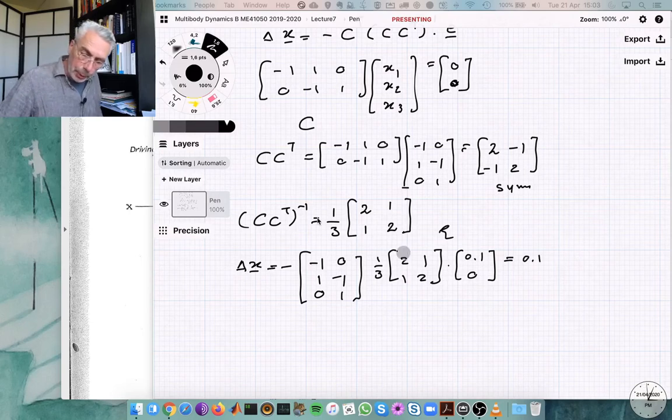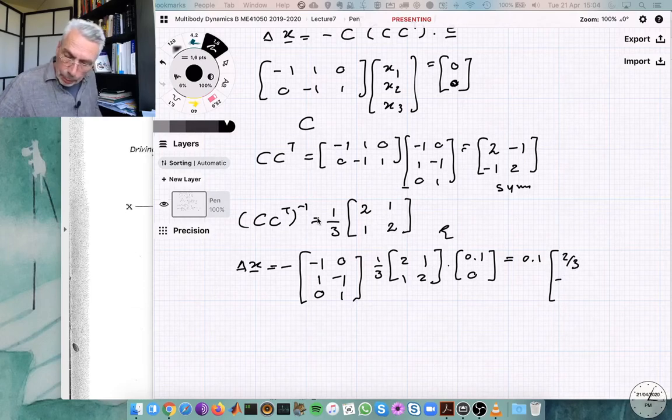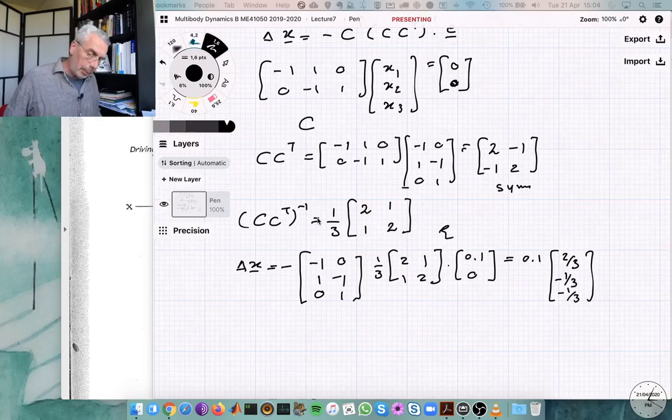Forget about the 0.0. This column and times this matrix. So this times this, so we get minus 2 over 3 with another minus, so that's a plus. So 2 over 3, and then here a minus 1 over 3, minus 1 over 3. So that is apparently the solution.